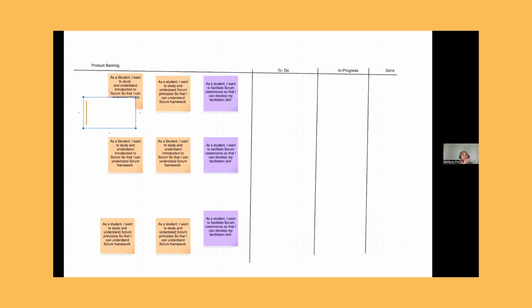So now you can write as much as you want on the description. This story is for you to study Scrum fundamental course and understand everything about the Scrum framework.